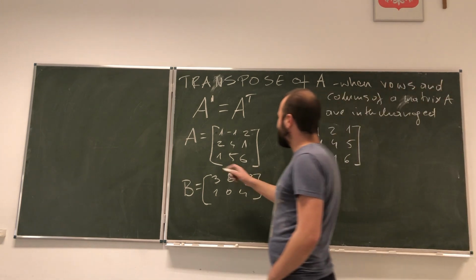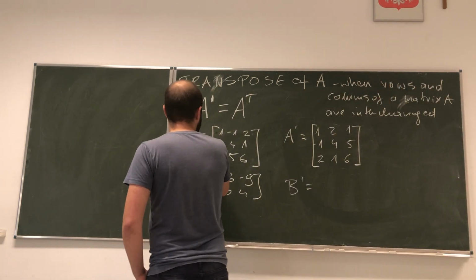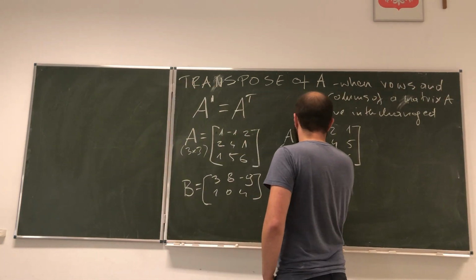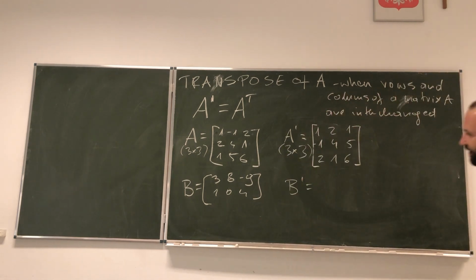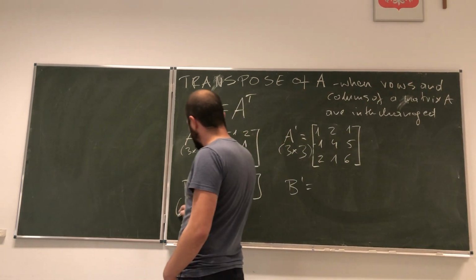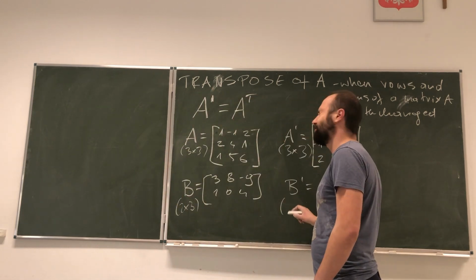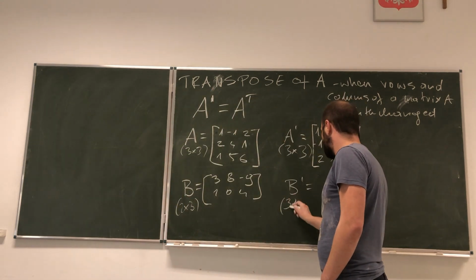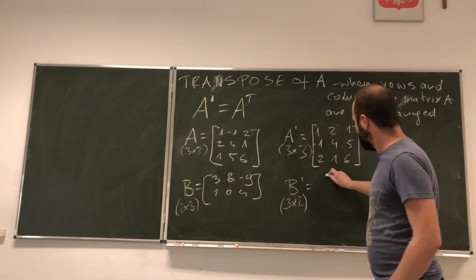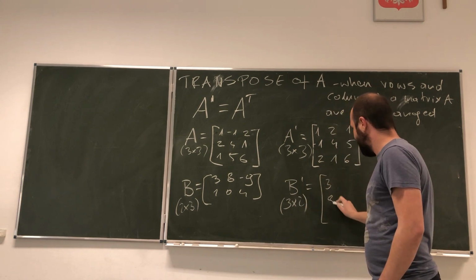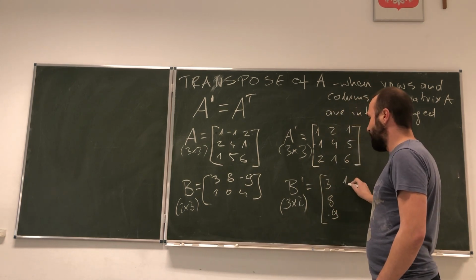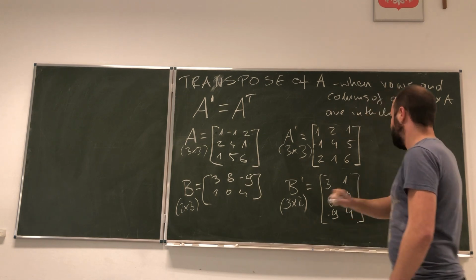Here we get a very simple situation. That was 3 by 3, we got 3 by 3. Now, if B is 2 by 3, then the transpose must be 3 by 2. So we are getting 3, 8, negative 9, 1, 0, 4.